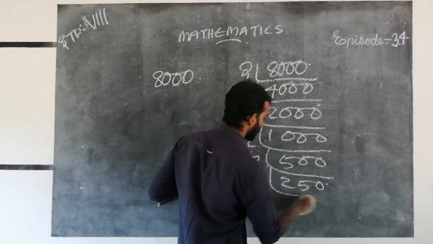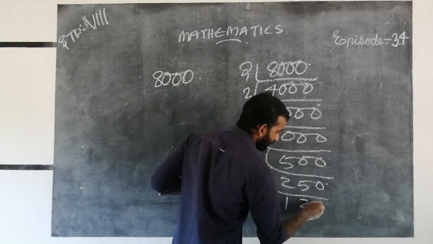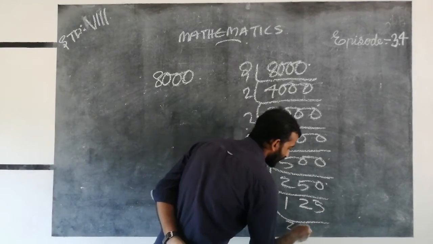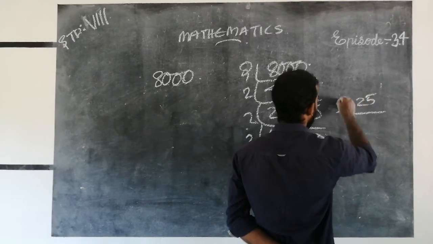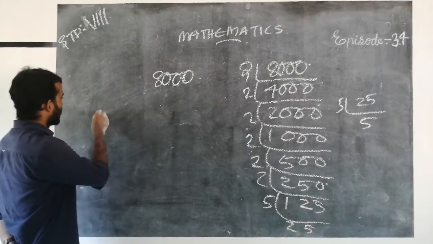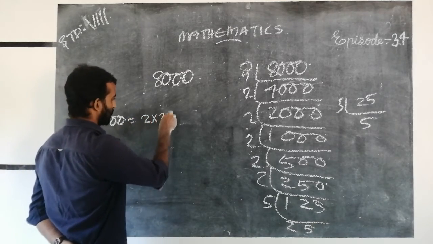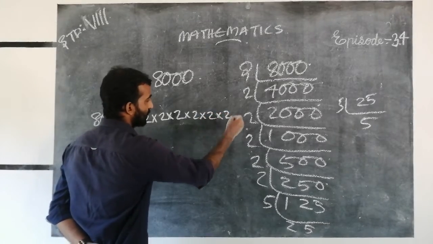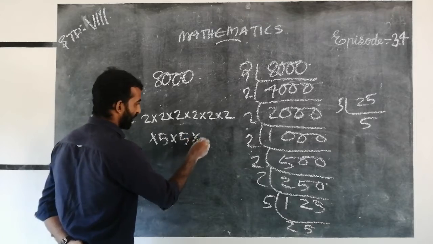250, and 2, that is 125, that is 5, that is 25, that is 5, that is 5. We can write it as 8,000 equal to 2 into 2 into 2 into 2 into 2 into 2 into 5 into 5 into 5.